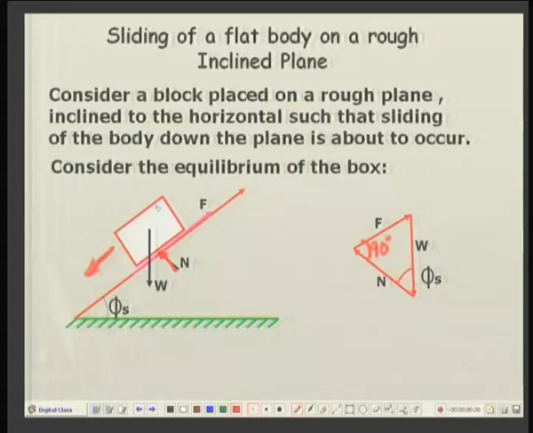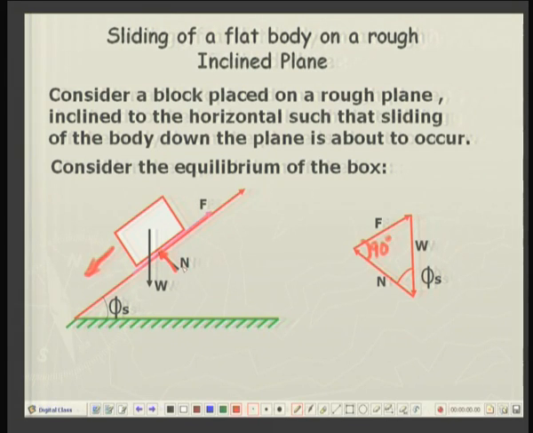And similarly, we can examine when the body or block is sliding down the inclined plane. Same problem, but now this block is going down this inclined plane at a uniform velocity, then the angle, which will be able to maintain a uniform velocity, will be slightly less than phi s, it will be angle phi d.